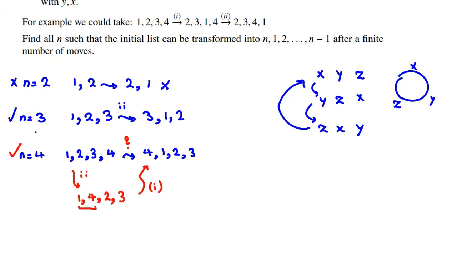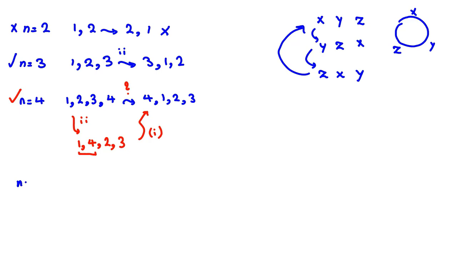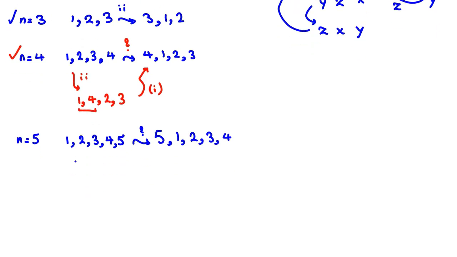Now, let's check the next one, N5. So we have 1, 2, 3, 4, 5. We want to see, can we reach 5, 1, 2, 3, 4? By the first rule, 5 plus 4, 9, plus 3, 12, for example, if we use this, I move 5 here, then 3, then 4.